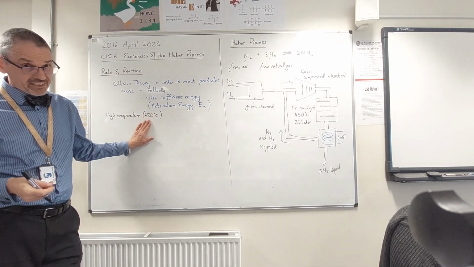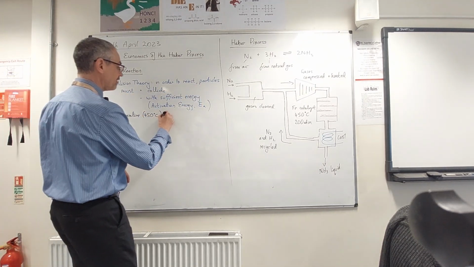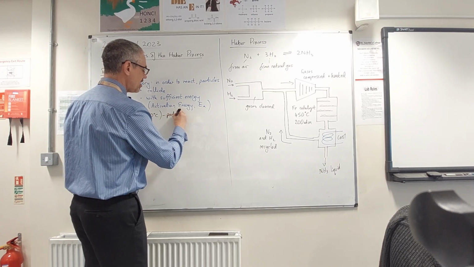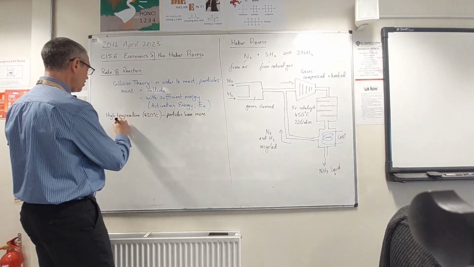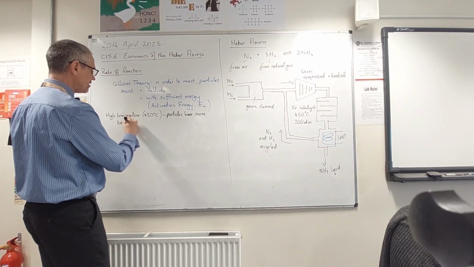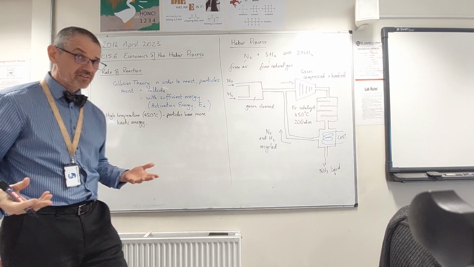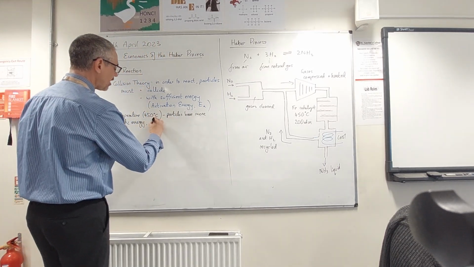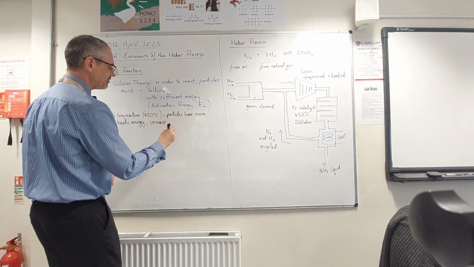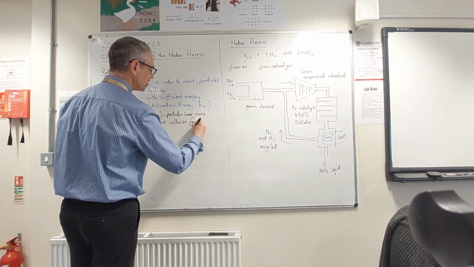What happens at higher temperature? Well, the particles have more energy, and let's be really specific, they have more kinetic energy. If particles are moving around faster, that means they're going to hit each other more often. We'll say that in slightly more scientific language: that increases the collision frequency.